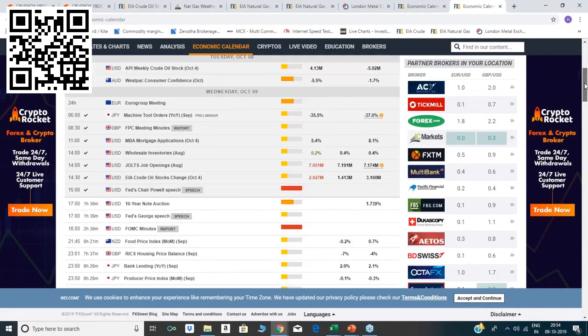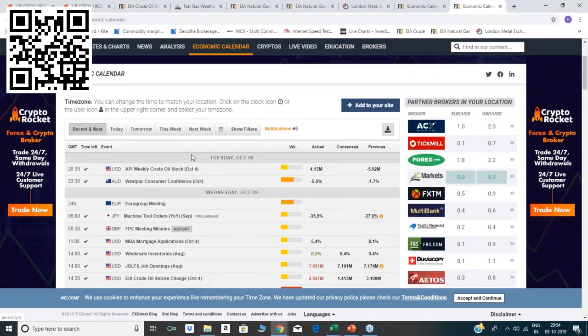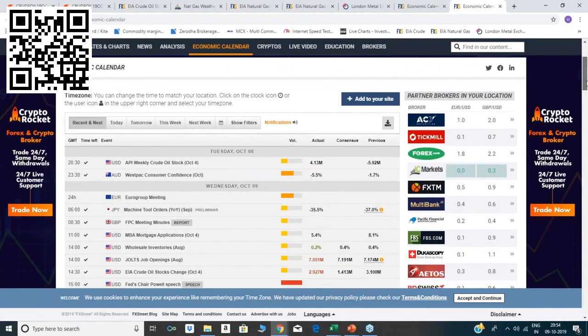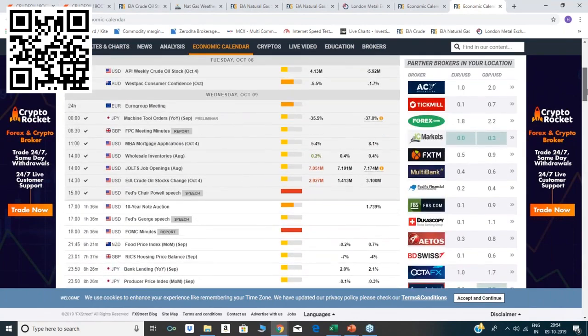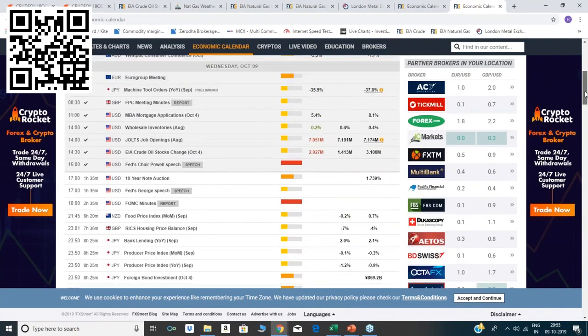You can find out what important news is lined up for Tuesday, 8th of October, or Wednesday, 9th of October. Is it clearly visible to you all? EIA data, everything is given over here. Can you see the timings?